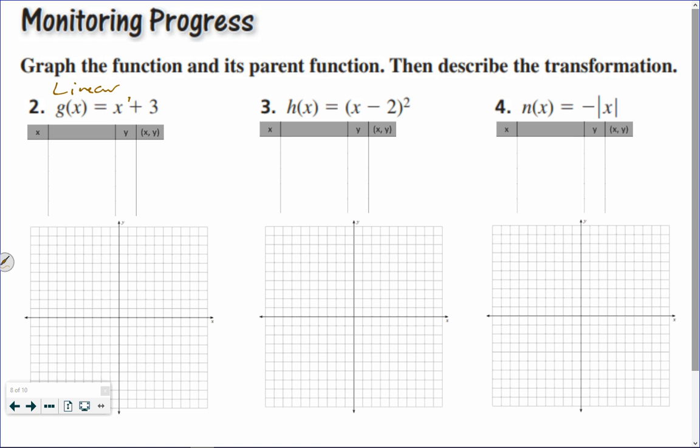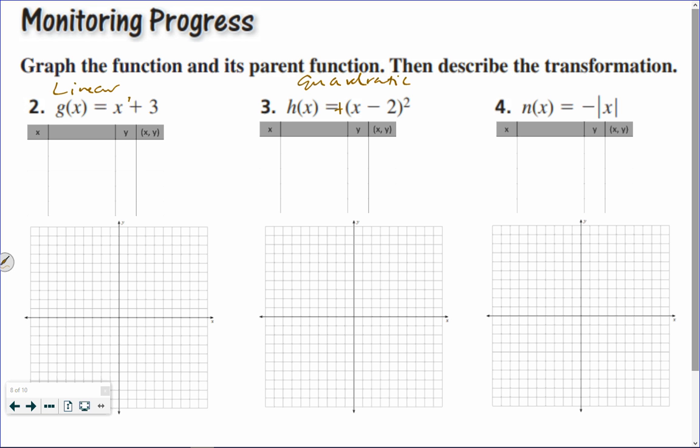That's going to make a line. What family does this belong to? Quadratic. So that's going to make what type of shape? A U. Is it going to be going up or down? What's my A? It's positive 1, so it's going to be going up.